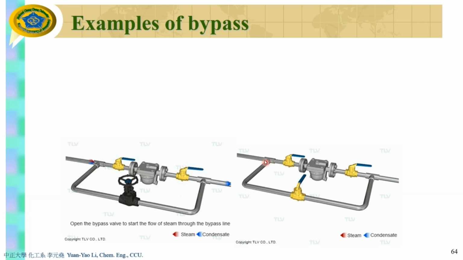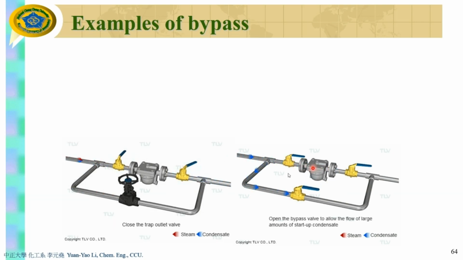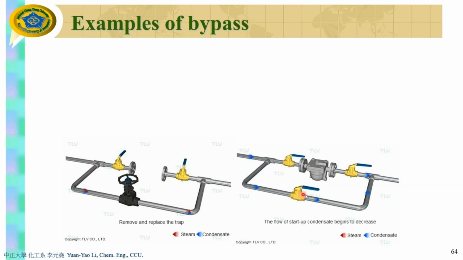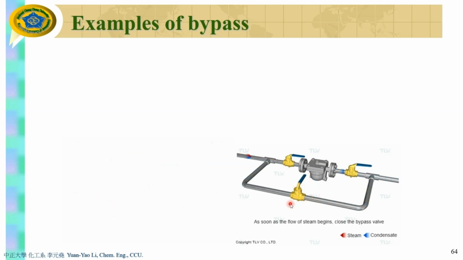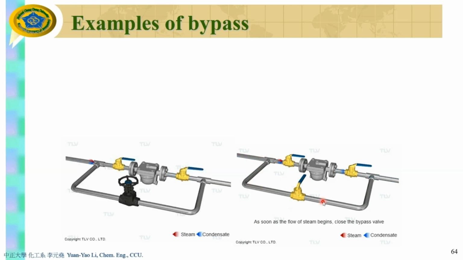Or if you want to measure some kind of properties, the composition of these streams, you need this bypass. Small streams come out, you need a sensor, for example. You put a sensor here, and in normal time you block it, but when you put a sensor here, you can have this, and then make the bypass come through this.